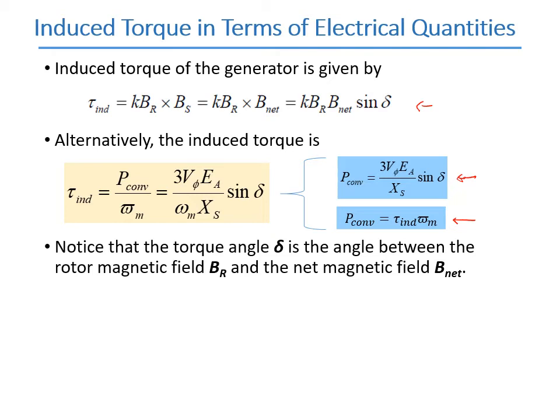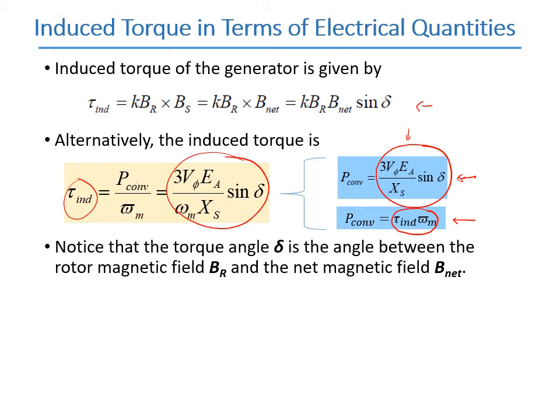Now from these two equations you can write that this value will be equal to this, and then you can rearrange the equations to solve for the induced torque, which equals the converted power over omega m. Then the converted power you can substitute by this, and you should get this expression here for the induced torque.